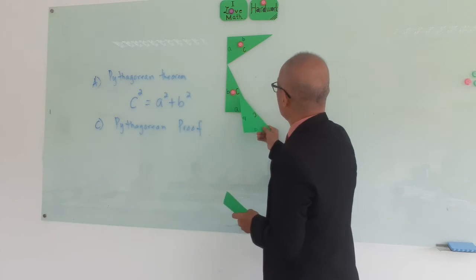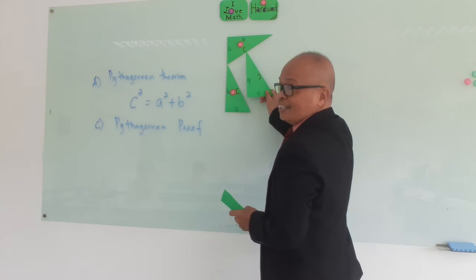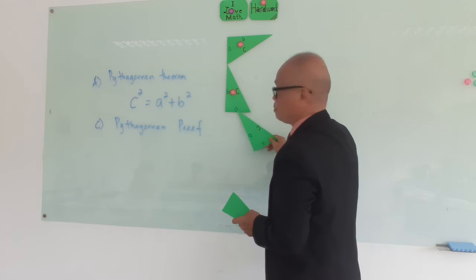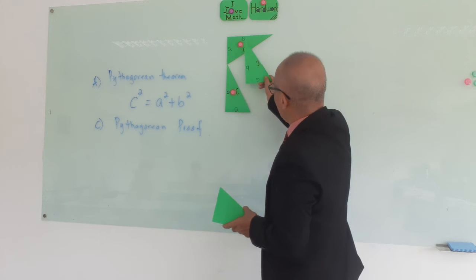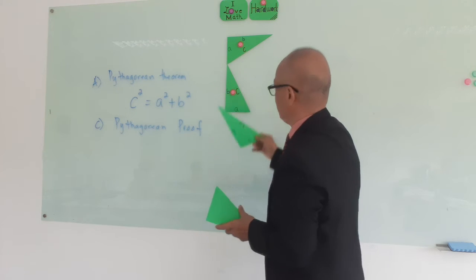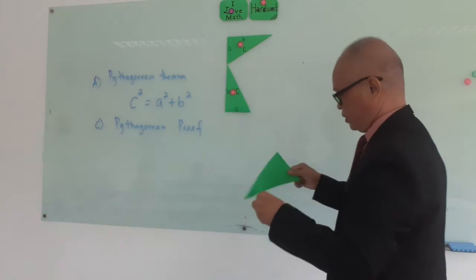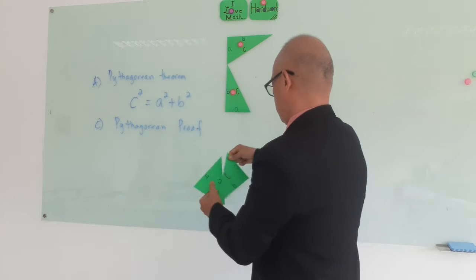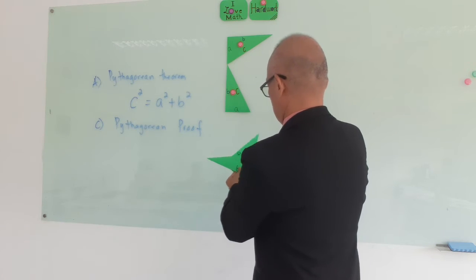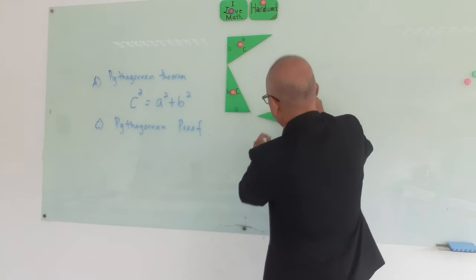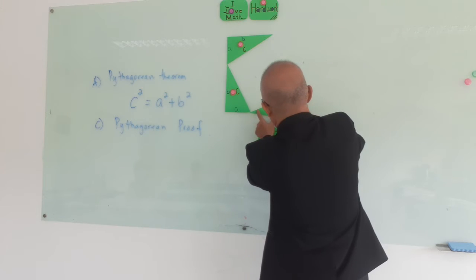We have your C, this is small side A, and the other side B. They're the same. Next, a third triangle.